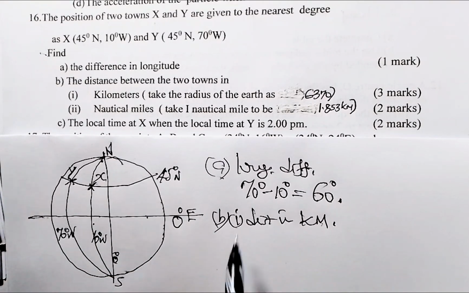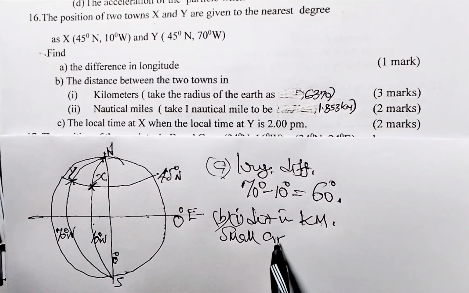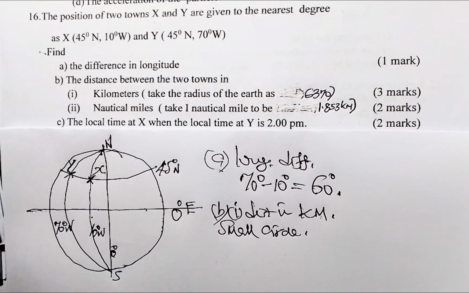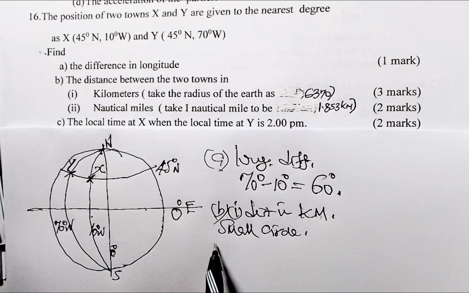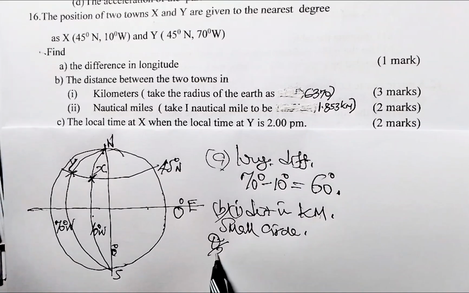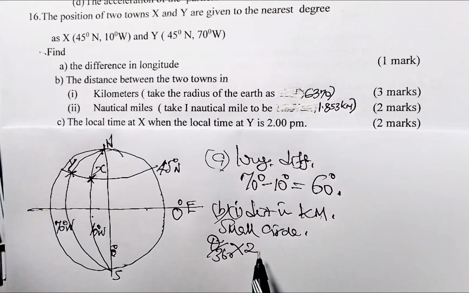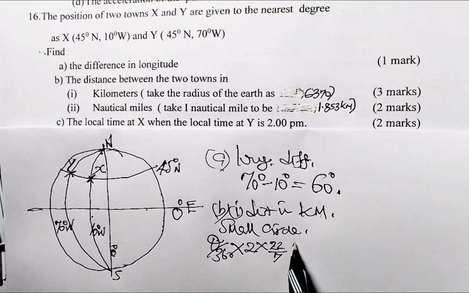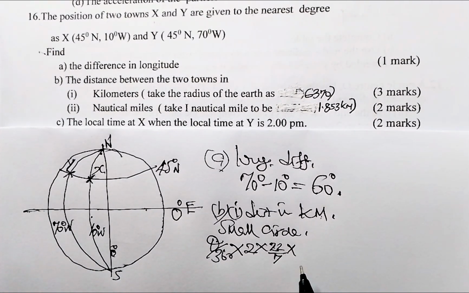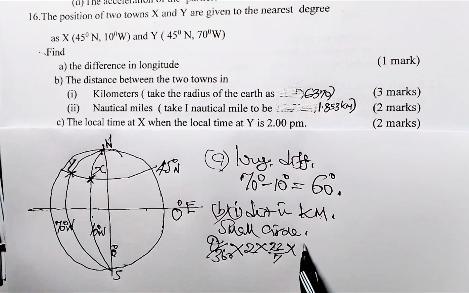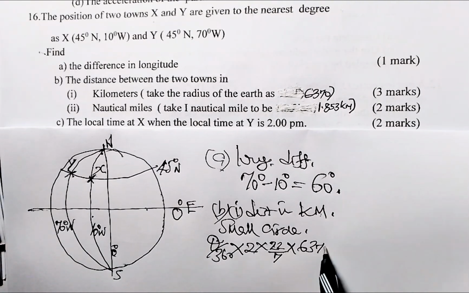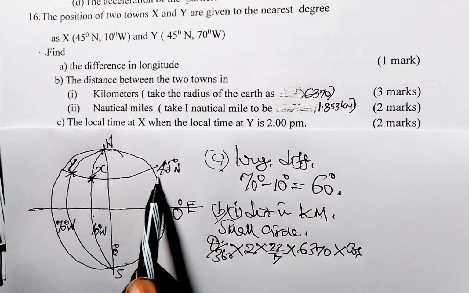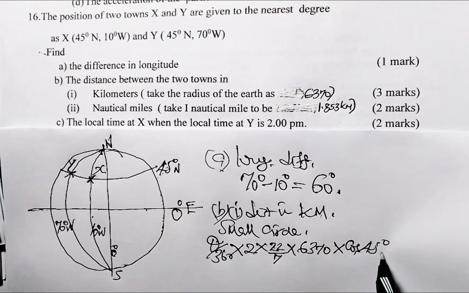Both of them lie on a small circle, and if they lie on a small circle, the formula we're going to use to find the distance is the longitude difference, theta over 360, multiplied by 2 multiplied by pi, 22 over 7, multiplied by the radius of the earth, which is 6370 according to what we've been given, times the cosine of the latitude, which is cos 45 degrees.